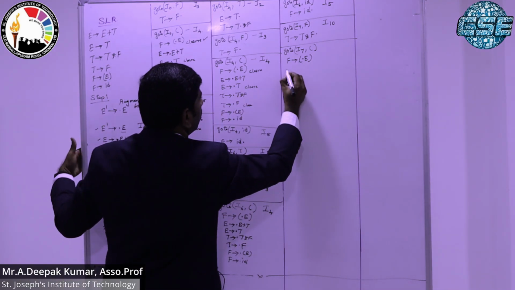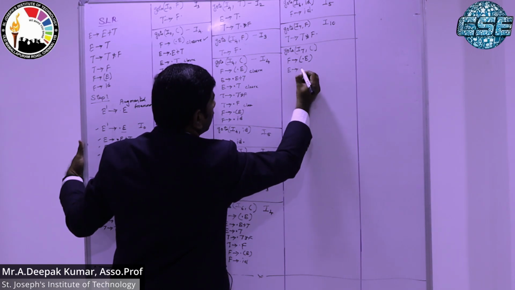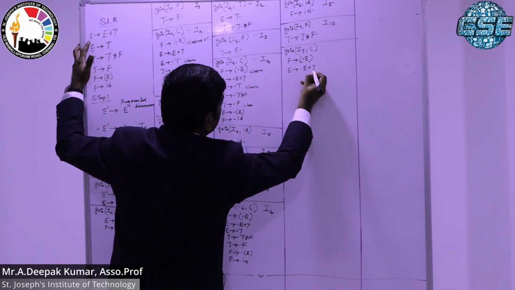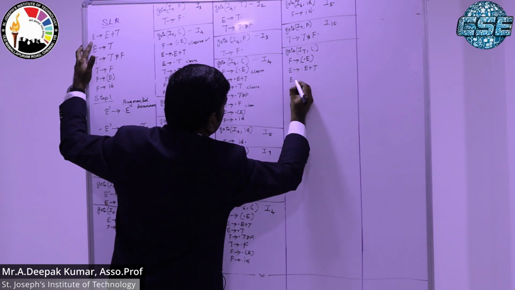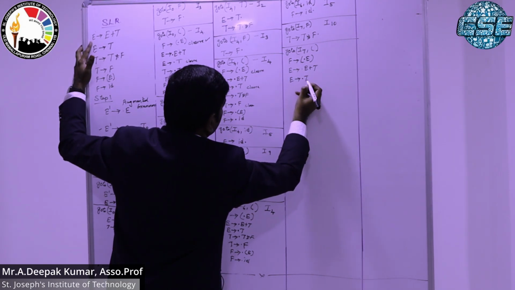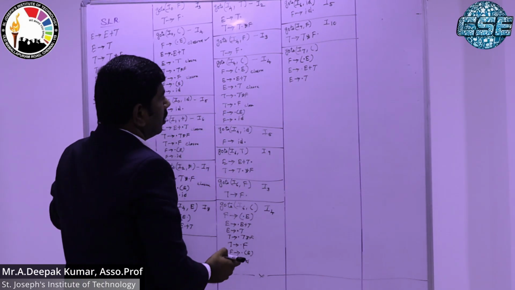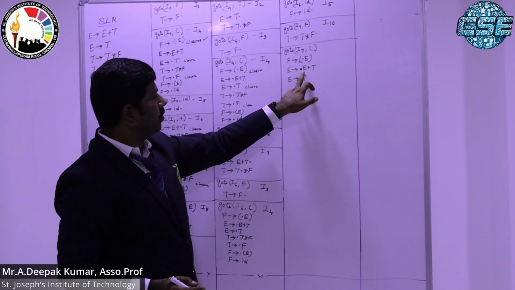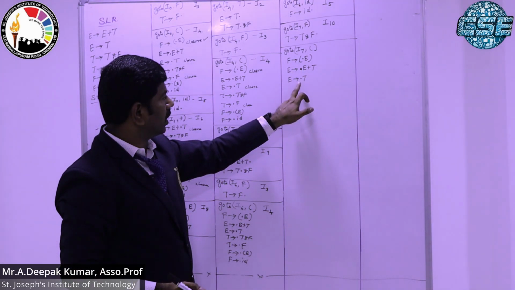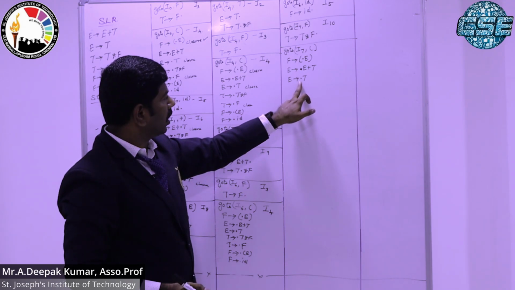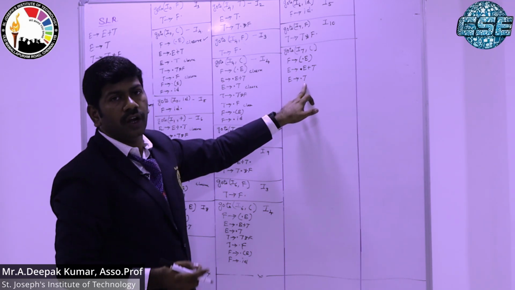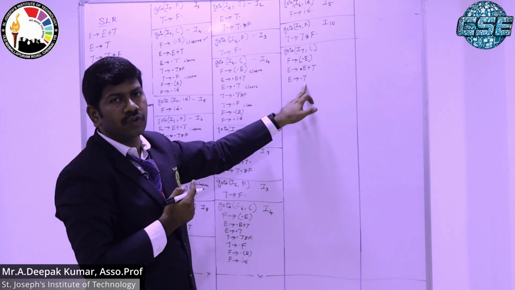So I will extend the rule, E derives dot E plus T, then E derives dot T. After dot we have a non-terminal E, that is already taken care of. Next, E derives dot T. Dot is followed by a non-terminal T, so closure is applicable.